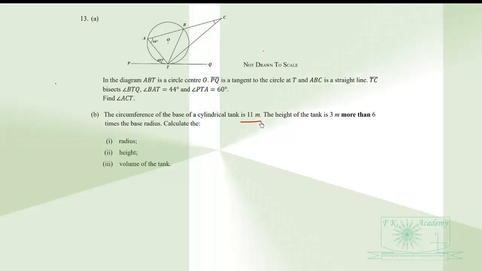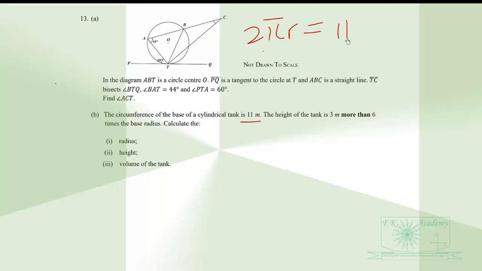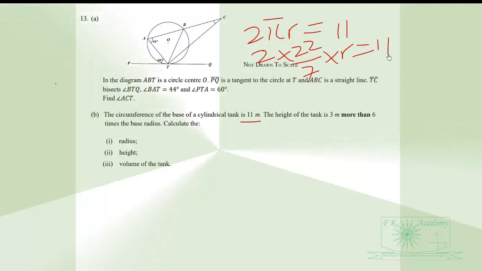You know the base is a circle and the circumference is given by 2 pi r is equal to 11 meters. So I'm going to use 22 over 7 for pi. So we now have to solve for the value of r.